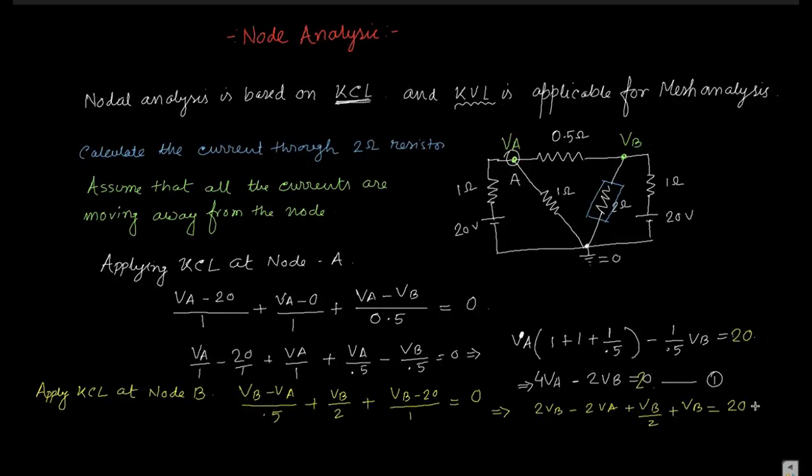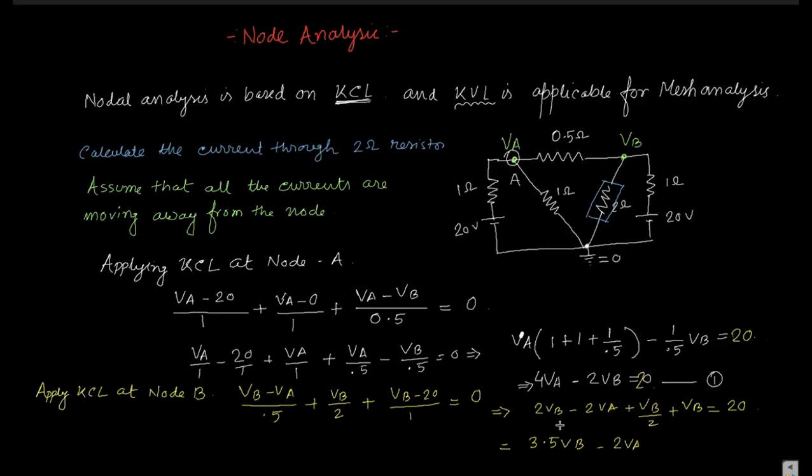You can take 20 over there. So it is 2VB and VB by 2. These are 3VB by 2, meaning 3.5VB, minus 2VA. Am I right?